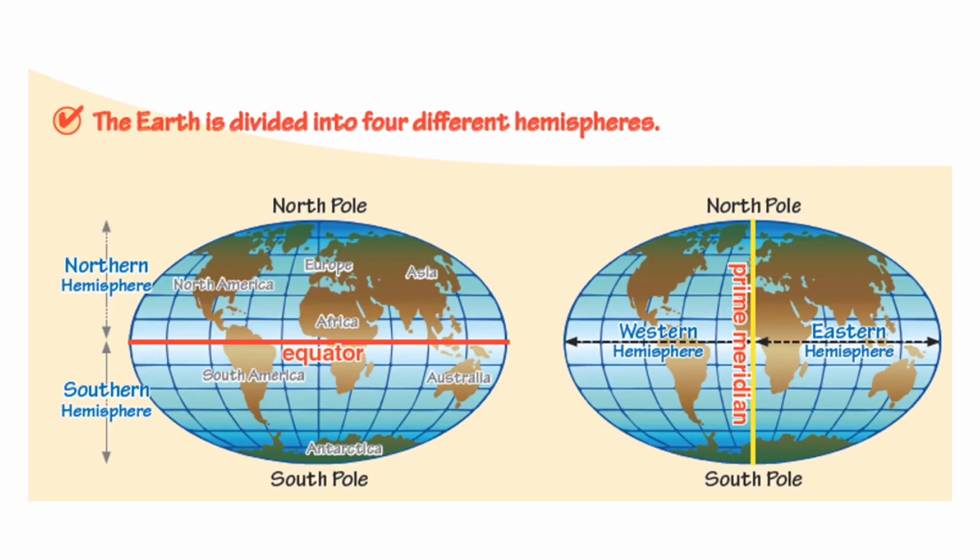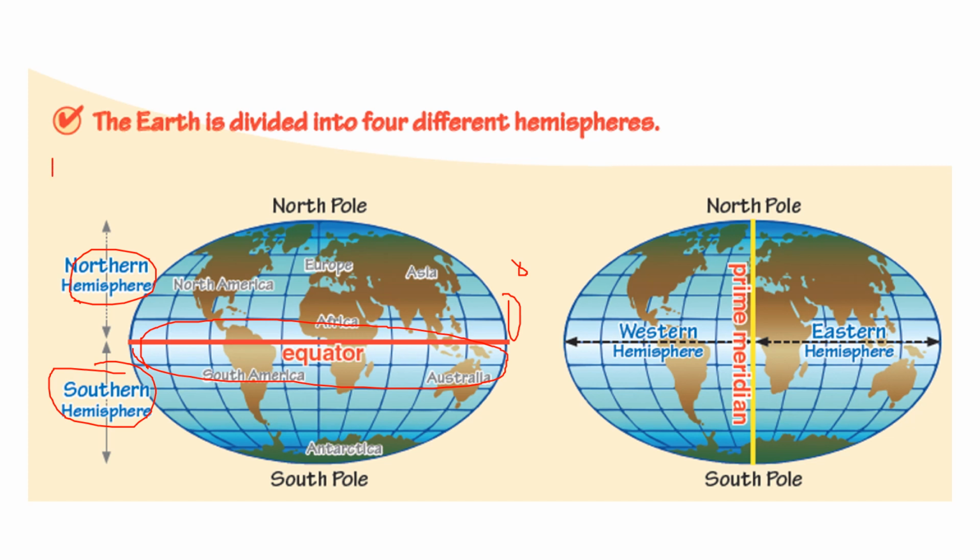So let's do a quick review. We have the North Pole here, we have the South Pole here, and we have the equator. So the equator was at what degree? It was at 0 degrees. equator는 뭐였죠? 이거는 적도라고 불러요. So above the equator we have the northern hemisphere, and below the equator we have the southern hemisphere.